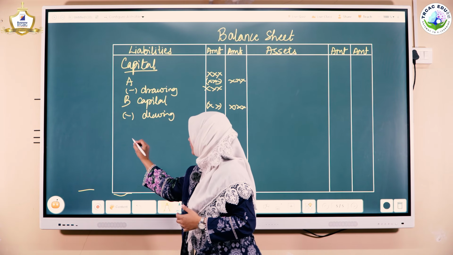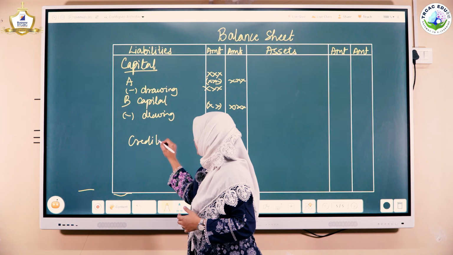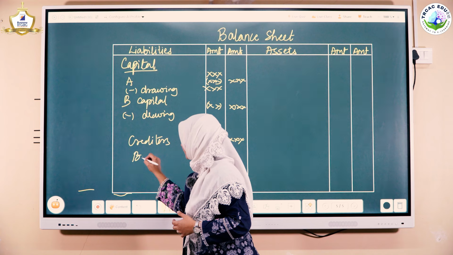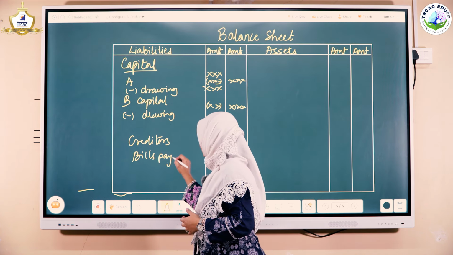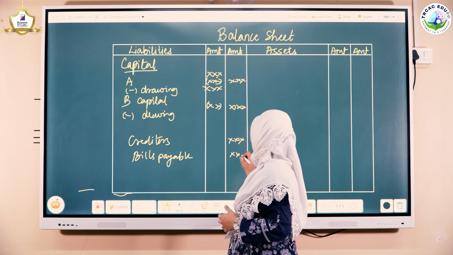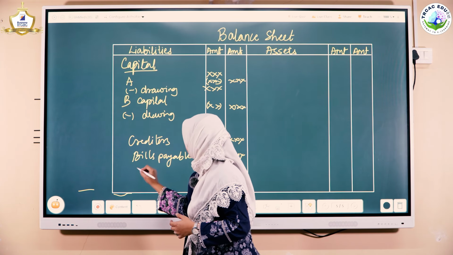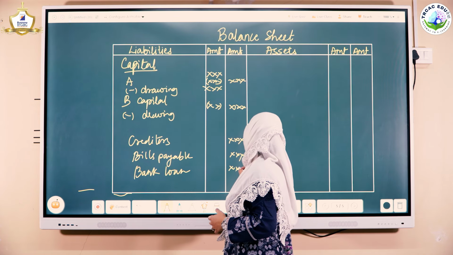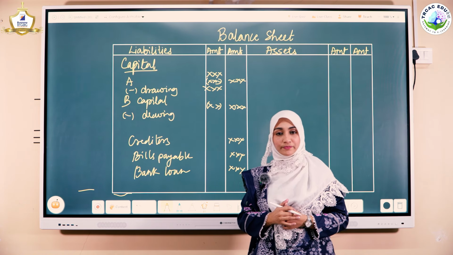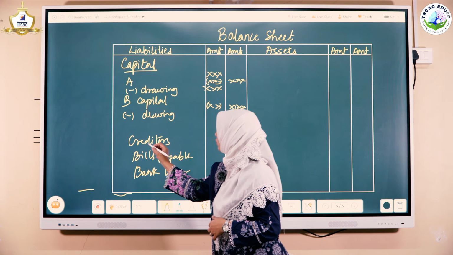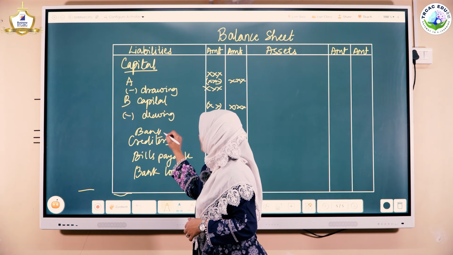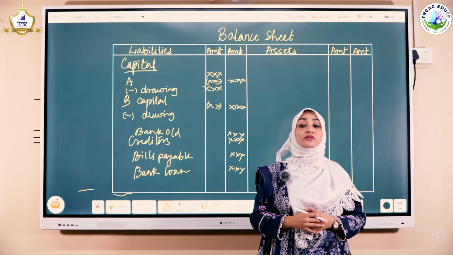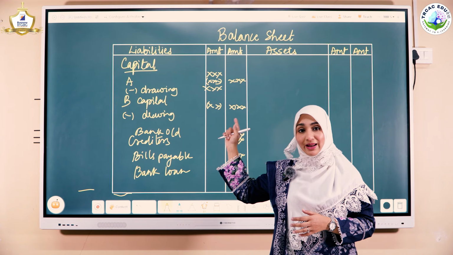So we have creditors, bills payable, bank loan, etc. You can also add bank overdraft if it is given in your sum. So these are certain elements which are covered in the liability side.